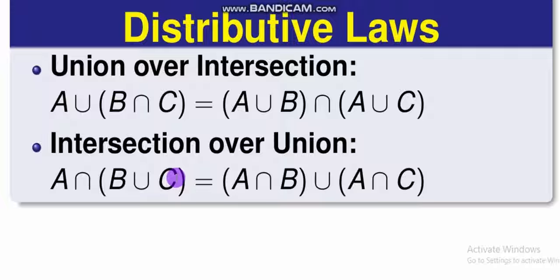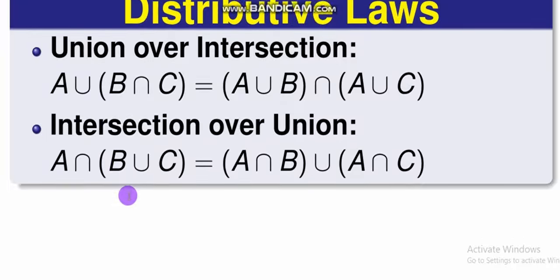Then I find the intersection of this new set with my set A. Or alternatively, I can find the intersection of A and B and keep it as a set, intersection of A and C and keep it as a set. Now these two sets, I'm going to unite them together. If I do the union, the result will be identical to what I have here.